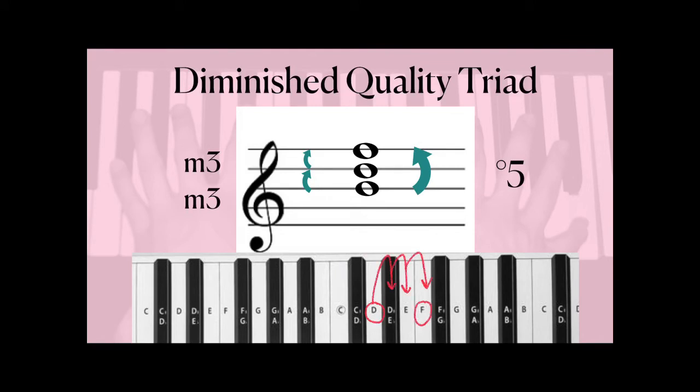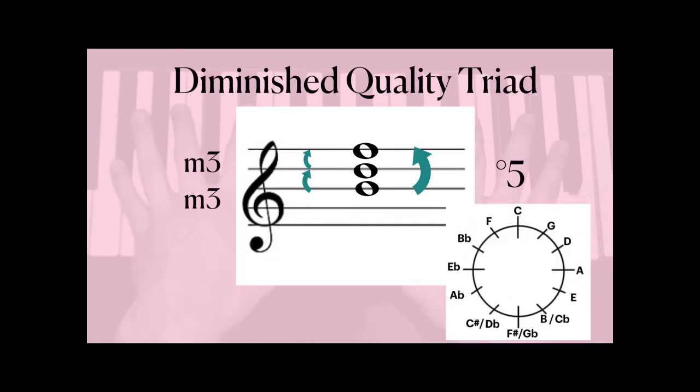Now, if you want to take the time to calculate your diminished fifth, you can use your circle of fifths, find the B, and determine that a perfect fifth above B, 1 degree clockwise, is an F sharp. However, we need the interval that is 1 chromatic half step narrower.